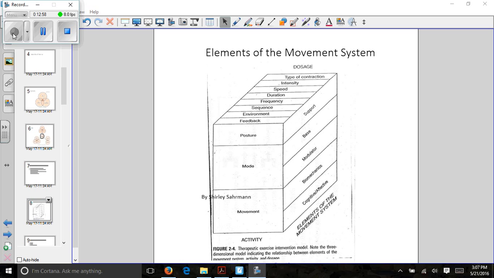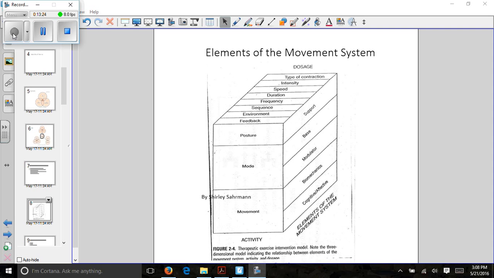If we now look at some of the other items that she has, the terminology might look unfamiliar. The base that she has listed there, second from the top, the base system is the musculoskeletal system. That's the basis by which all movement occurs. The modulator is the nervous system. The nervous system obviously has to modulate and give input into the musculoskeletal system in order to enable us to move.